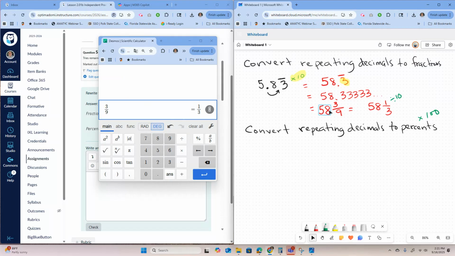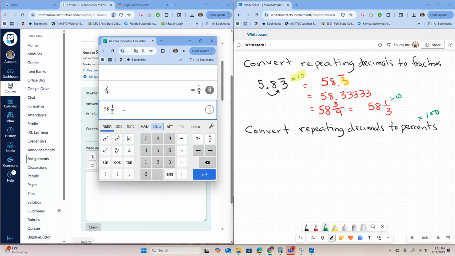That 58 that was in front of the 3 over 9, now it's 58 and 1/3. So in my new line here, I'm going to type the answer that I got before, the 1/3, but in front of it, in fact, I don't want to do that. Let me clear this. I'm going to type 58, and then I put the fraction key, 1 over 3, because that's what I got here.